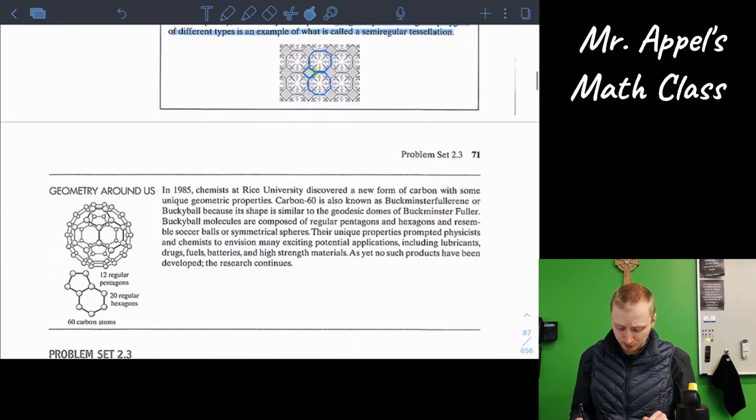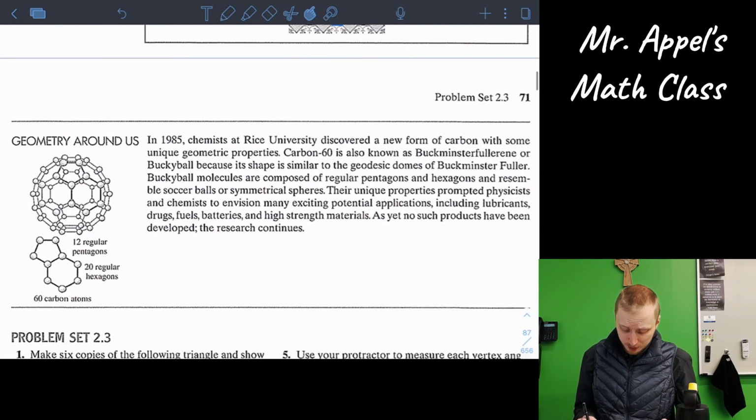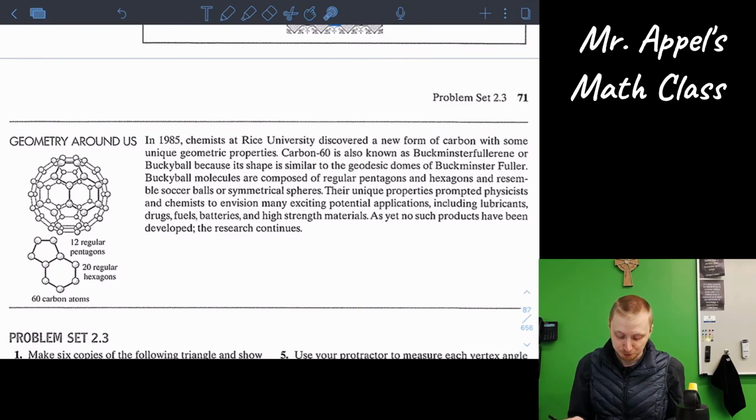And finally, geometry around us. This is one of my absolute favorite shapes ever created. In 1985, chemists at Rice University discovered a new form of carbon with some unique geometric properties. Carbon-60, right?